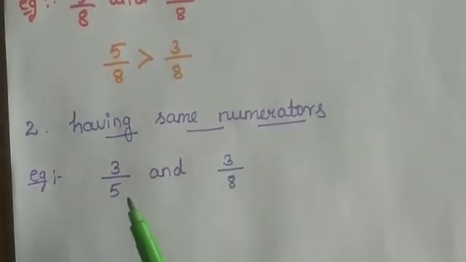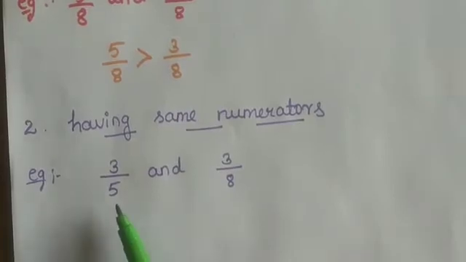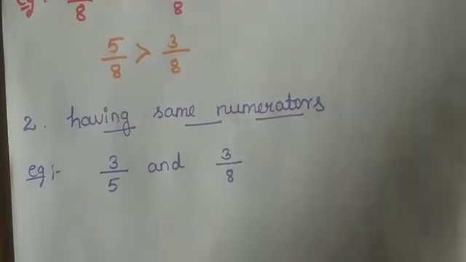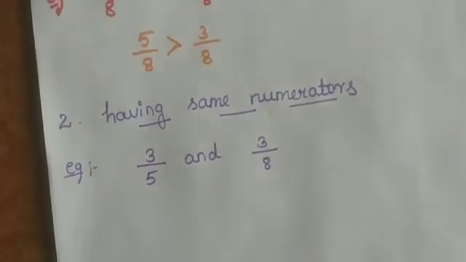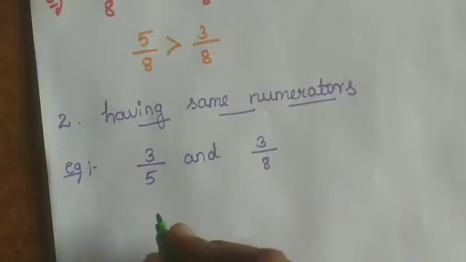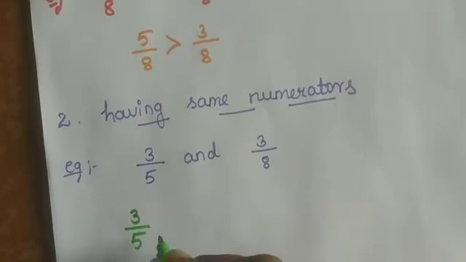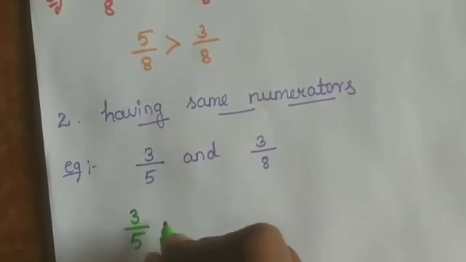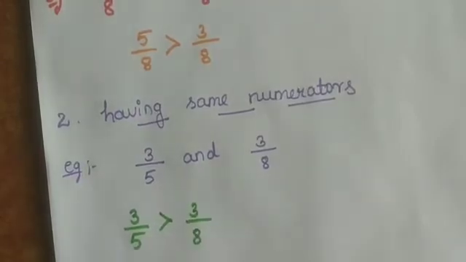So in this, the numerator place is the same. Now we concentrate on the denominator places. Here 5 and 8. So which fraction is greater? Here 3/5 is greater than 3/8.